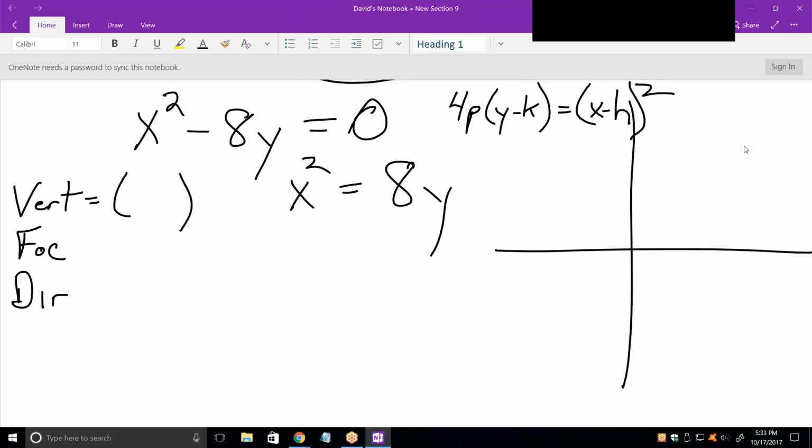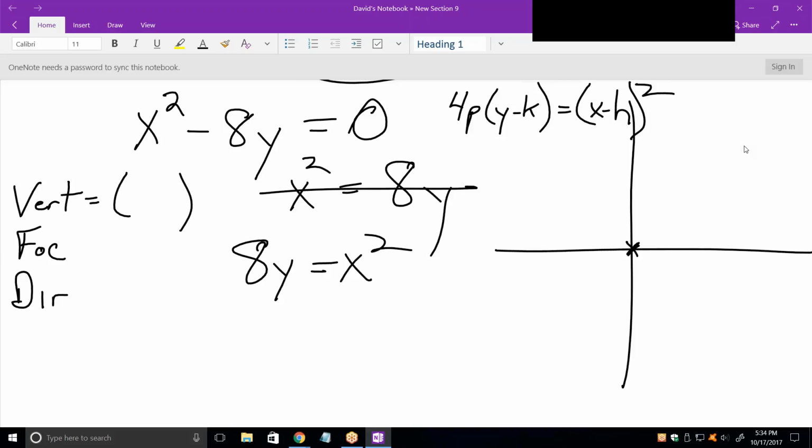Alrighty. Well, let's write this slightly different. Let's write it 8y equals x squared, instead of x squared equals 8y. Now, if you look at that general format, you can tell a lot. What's k and what's h? 0. That means the vertex is right there.